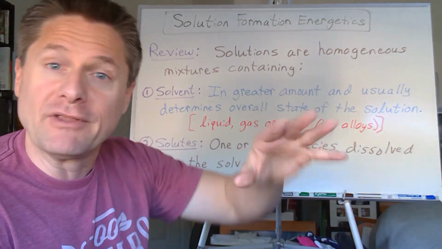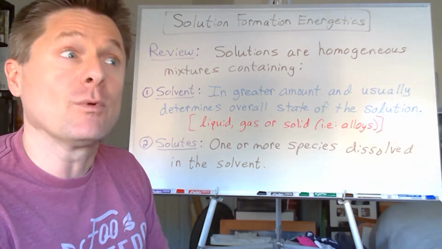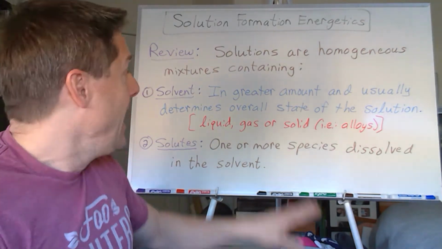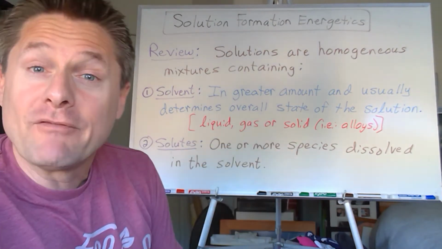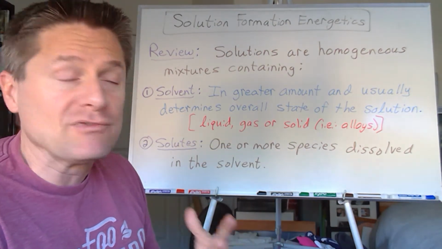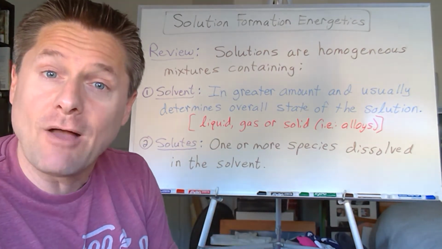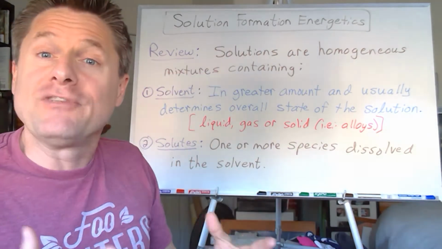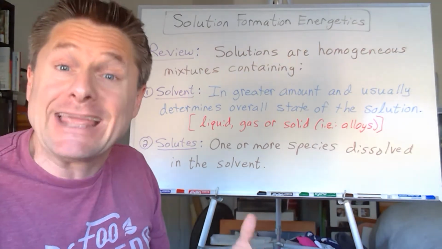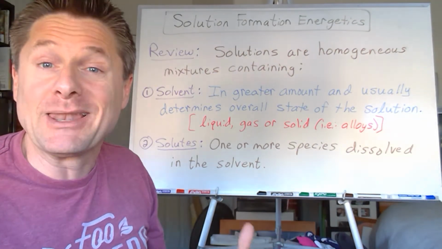You take salt, dissolve it in a pot of water. Water is your solvent. It's what's doing the dissolving, right? And that solvent is what determines the overall state in most cases of the solution itself. So if I've got water and I sprinkle some salt in it, the resulting homogeneous mixture is still a liquid because the solvent water was a liquid.